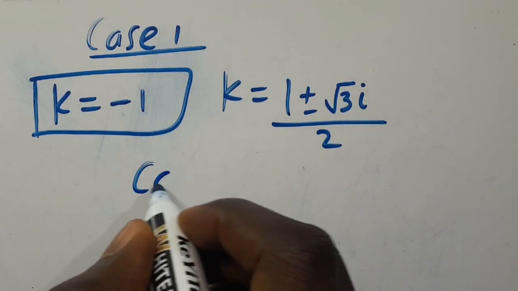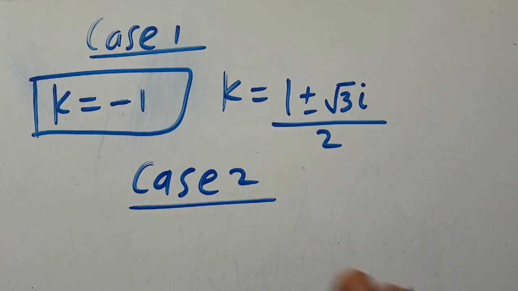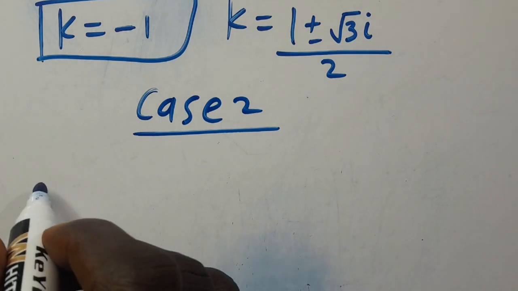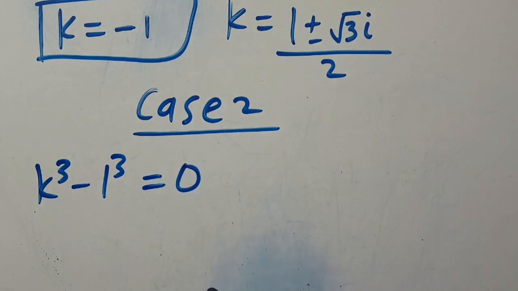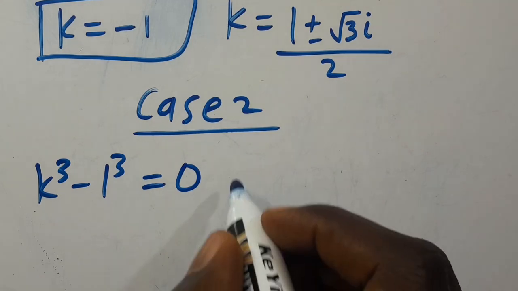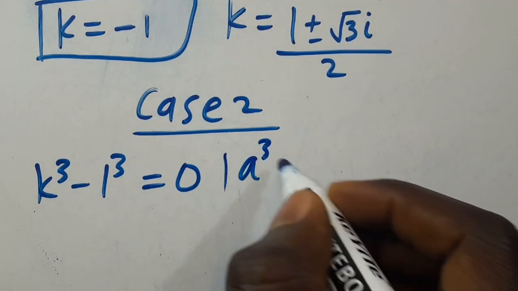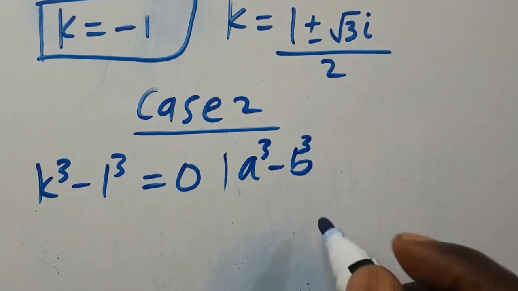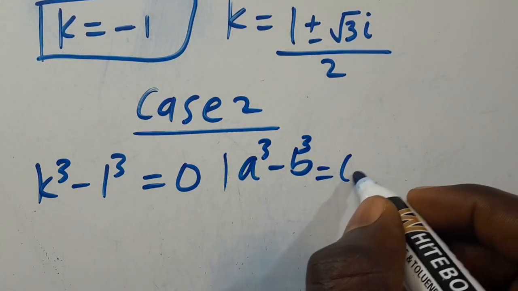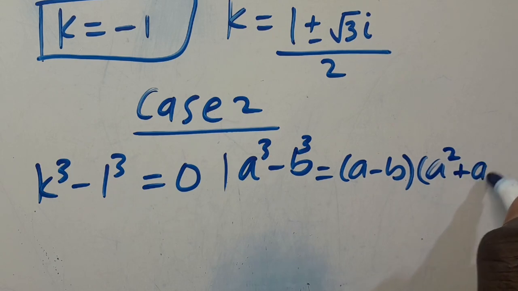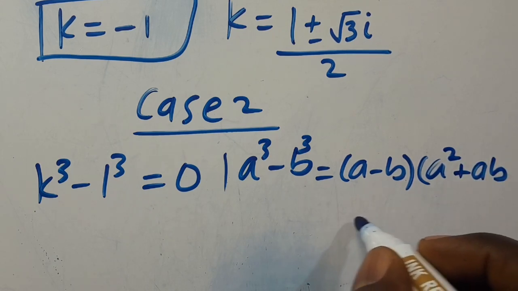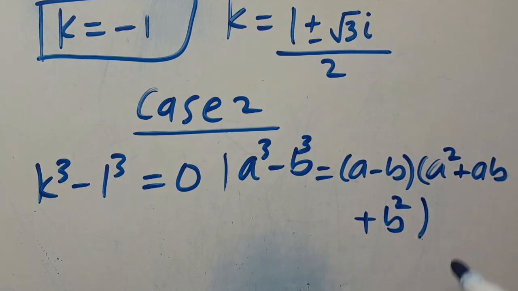Then let's go with case 2, where we have k to the power of 3 minus 1 to the power of 3 equal 0. And remember that when you have a to the power of 3 minus b to the power of 3, this also equals open bracket a minus b, you close the bracket, again multiplied by a to the power of 2 plus ab plus b squared, you close it.